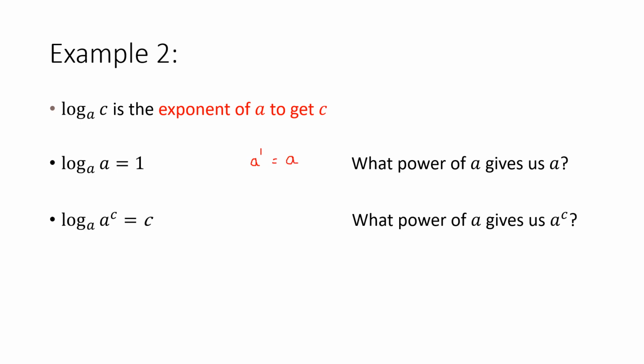Another one: log base a of a to the c must be c, because what power of a gives us a to the c, which is of course c. And finally, a to the power of log base a of c must be c. Why? Because log base a of c is the exponent of a to get us c. So this follows strictly by definition.